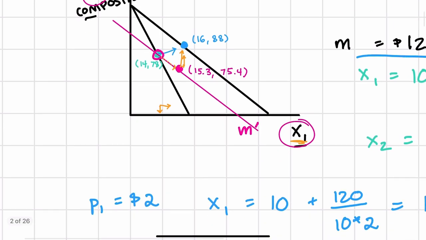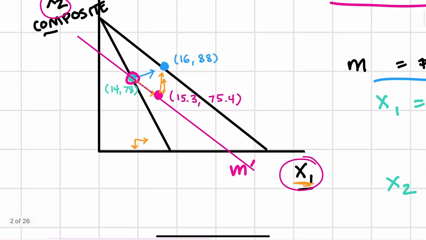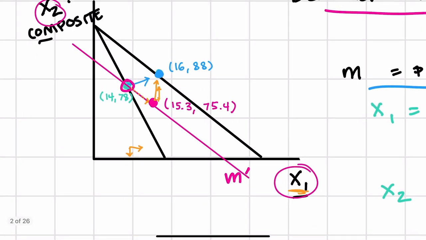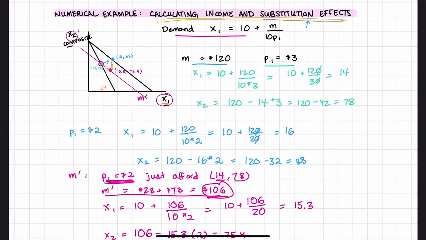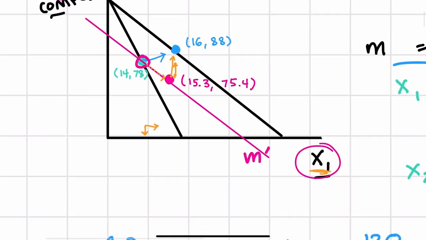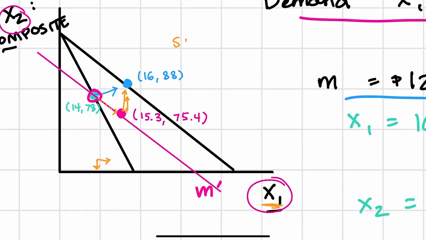And so you can say here, our final answer would be, what we wanted to do was to calculate the income and substitution effects. So the substitution effect is that, especially for X1 here, we went from buying 14 of X1 to buying 15.3 of X1.